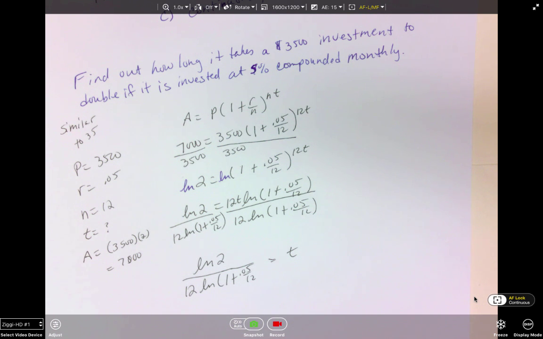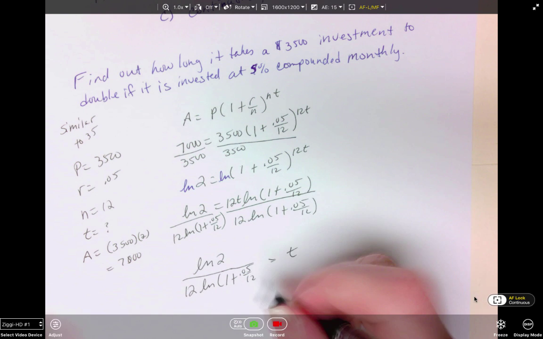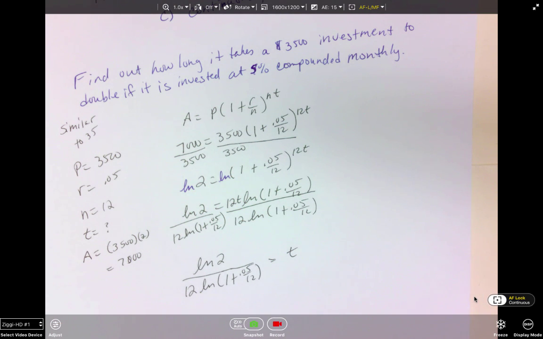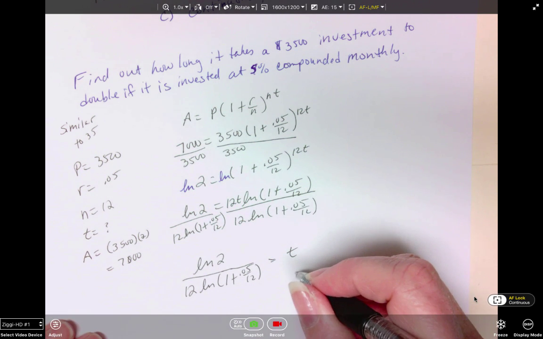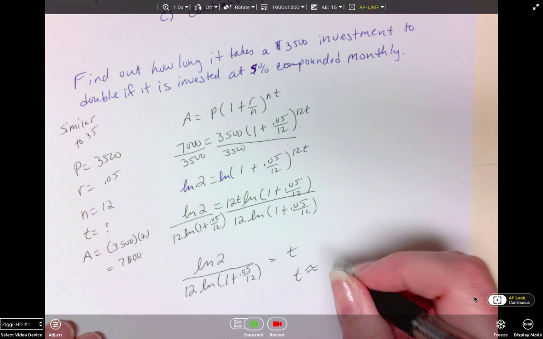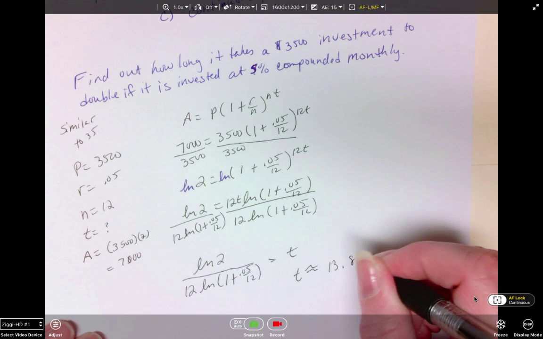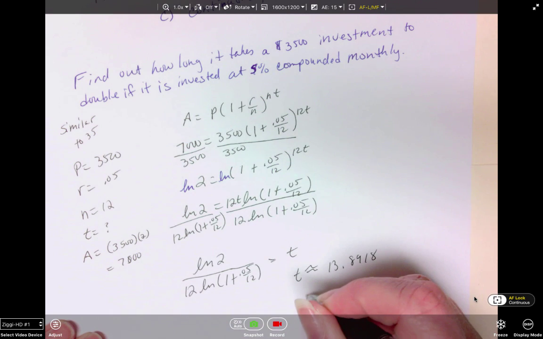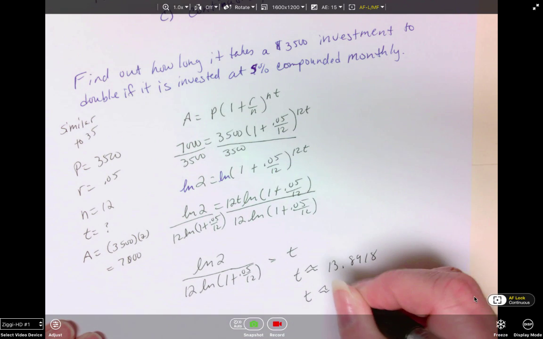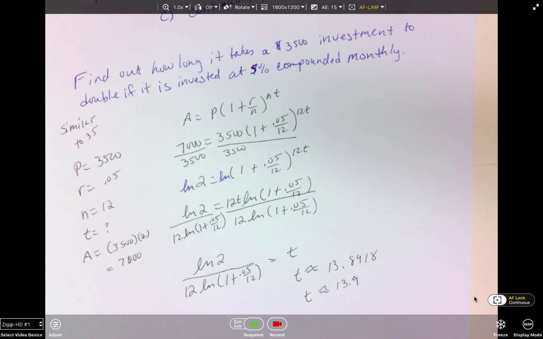Now this we could go ahead and plug in our calculator. Just got to make sure you use your parentheses correctly. And we will find that t is approximately 13.8918. So we're going to say that t is 13.9. I'm going to kind of simplify it.